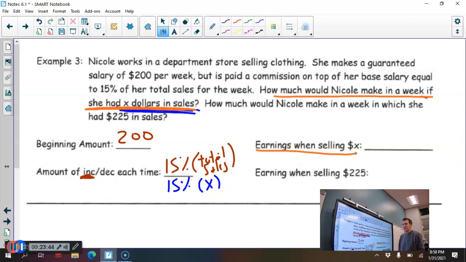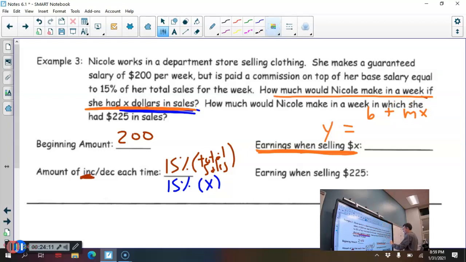Okay, when you do this on Delta Math, they are not going to have you write Y equals. They're just going to have you write what comes after the Y equals. This, how much she makes, this is the Y value. And how much does she make?